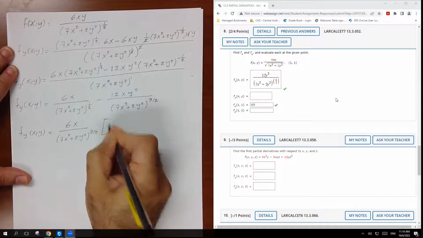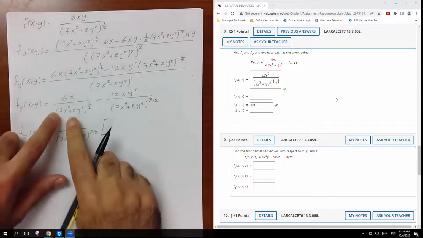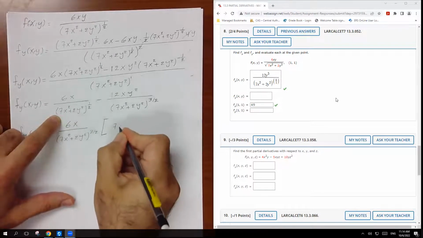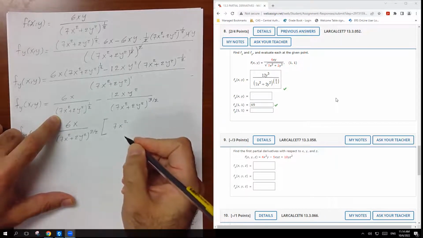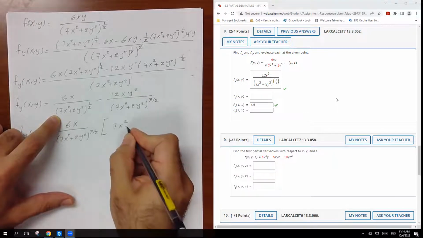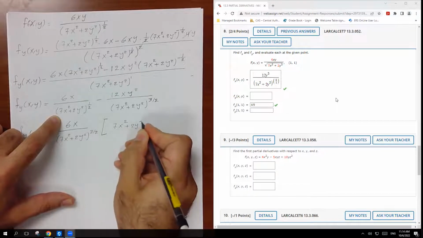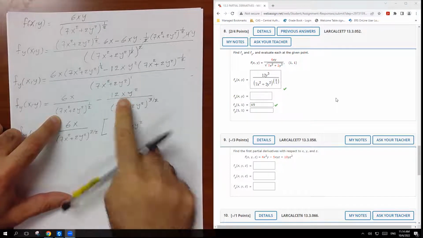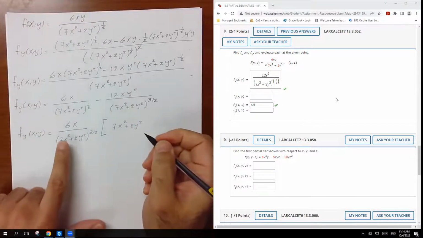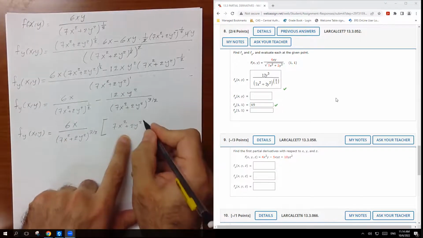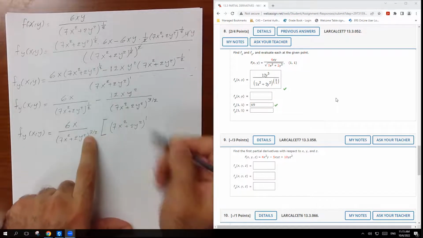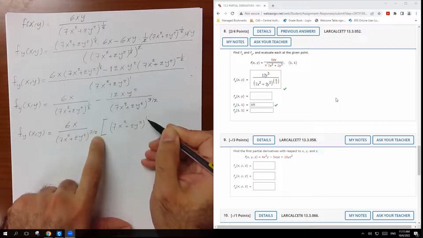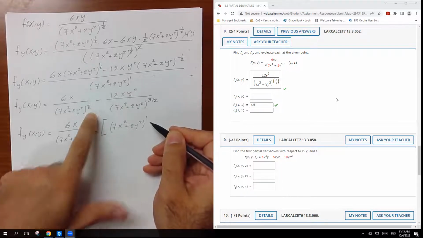The left is going to be, from this one, 7x squared plus 2y squared. And from here, if you multiply this one times this one, this is for exponent 1, that means bring it down, so it's going to be 3 over 2 minus 1, which is half.